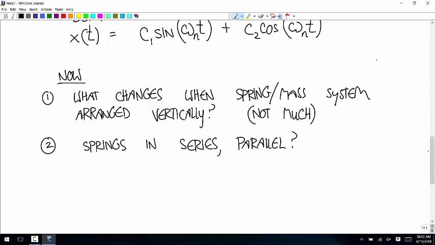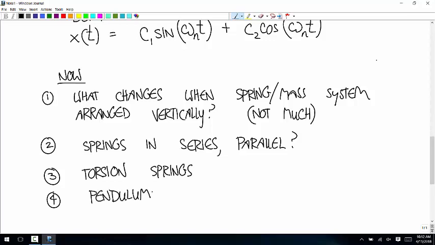Then I want to talk about torsion springs and pendulums. And those, then we will have covered all the main simple ways that these oscillations go. And then from there, we'll go into combining these different things into different 1 degree of freedom systems of oscillation.